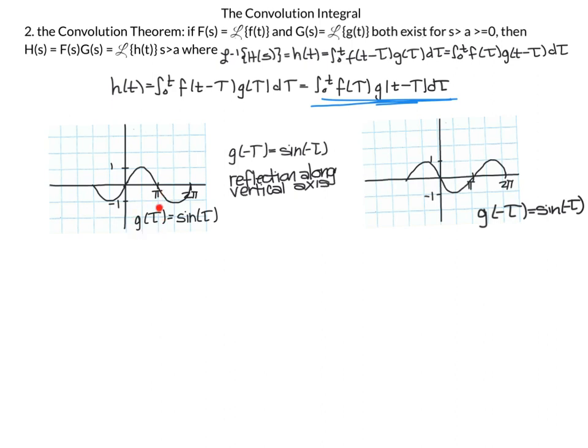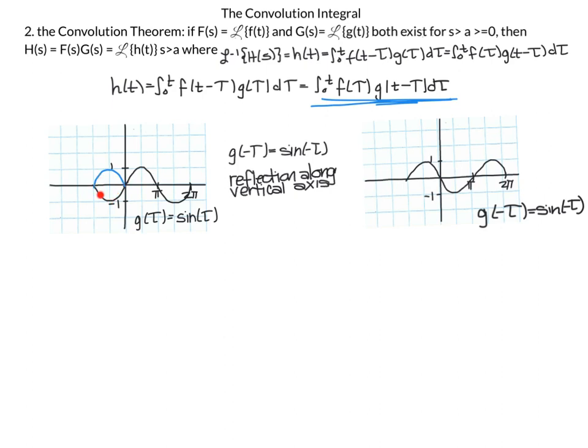As an example, let's say g of tau is equal to sine of tau, so we have this curve here. Then when we take this negative tau, what that does is it gives us a reflection along the vertical axis. So this is what we get here. Or I can think again of reflecting this portion across this vertical axis, and that would give me this curve here.